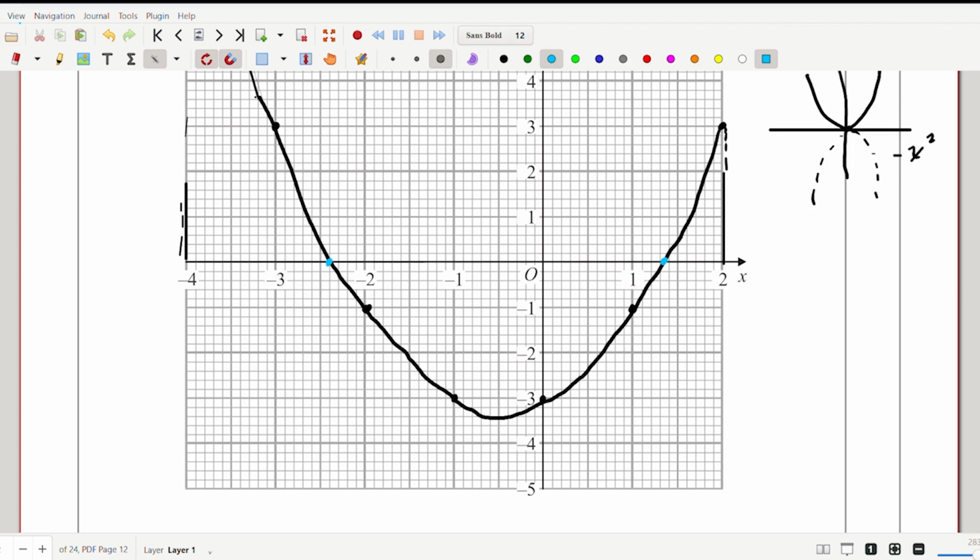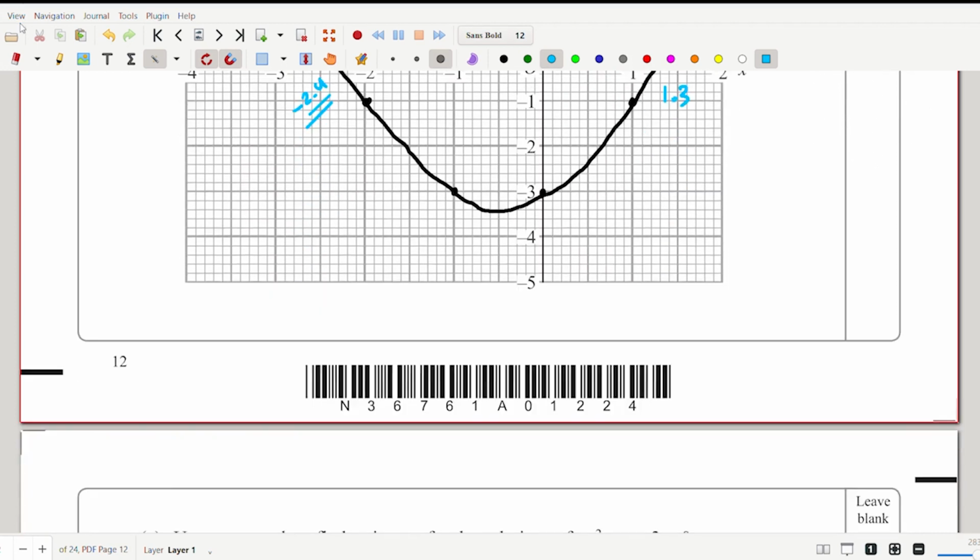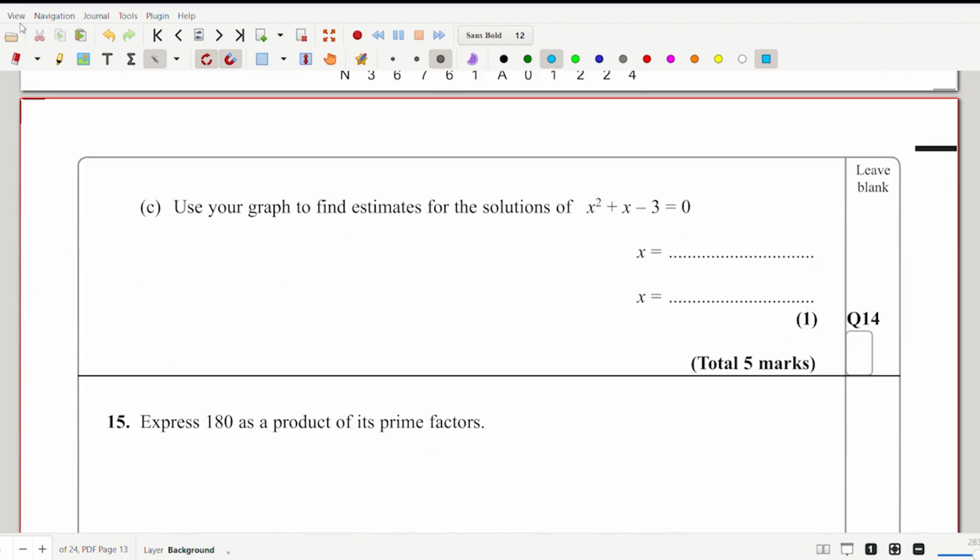This point here is 1.3, and here we have minus 2, 1, 2, 3, 4, so minus 2.4. So we have two values, 1.3 and minus 2.4.